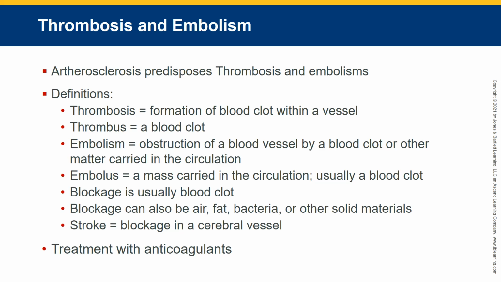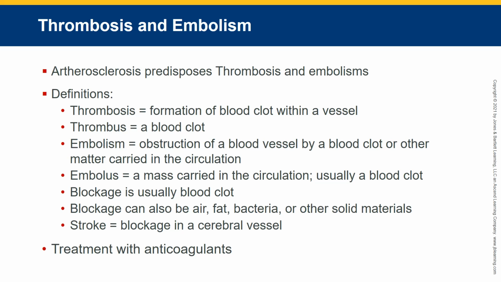Another thing, so I said they're similar but different. An embolism also will obstruct a blood vessel, but it's caused by something else. Sometimes it's caused by just some air, right? Quite often a blood clot can still be an embolism, but it can be that some of that plaque, some of those fatty deposits, break off and occlude or cut off blood delivery.